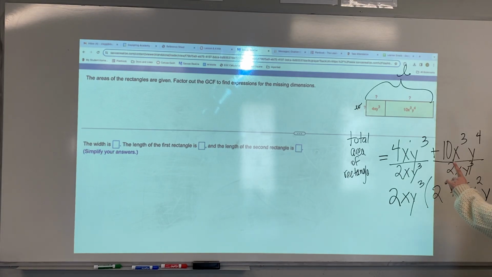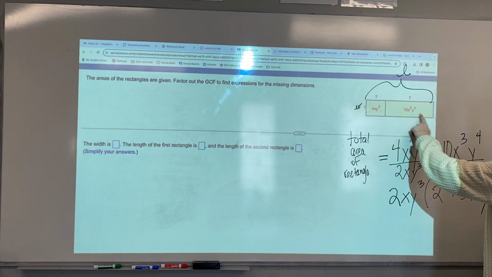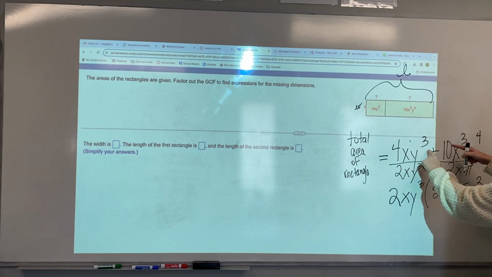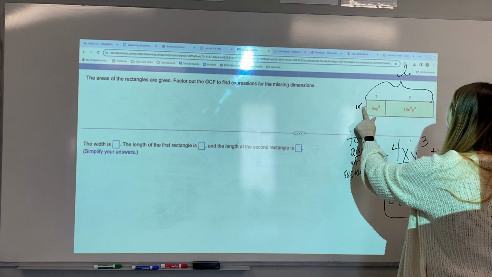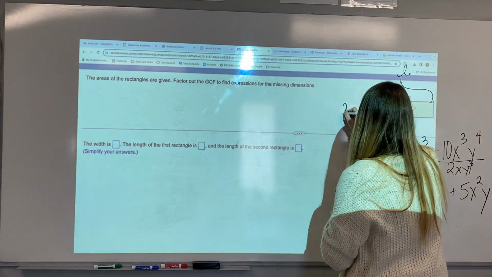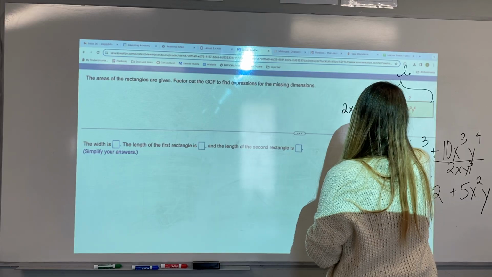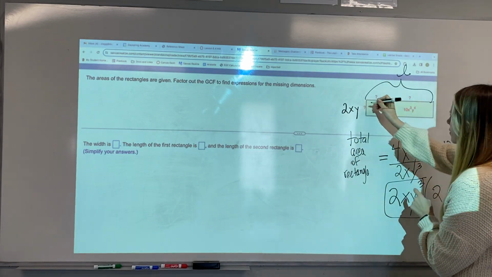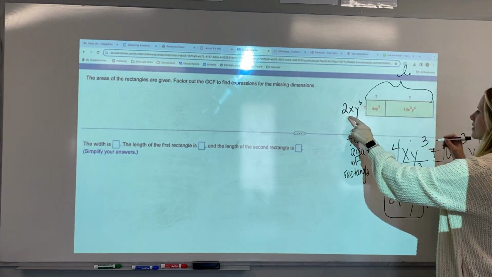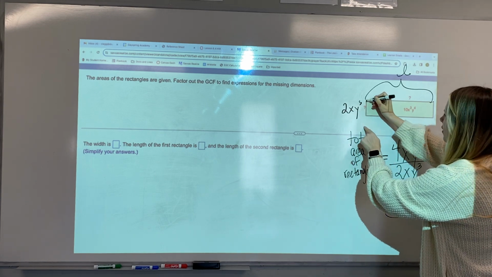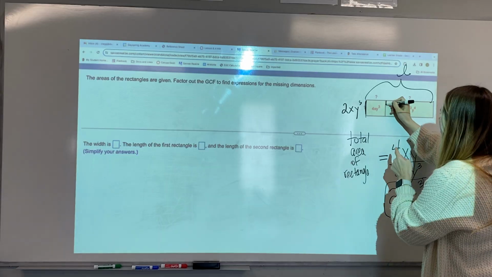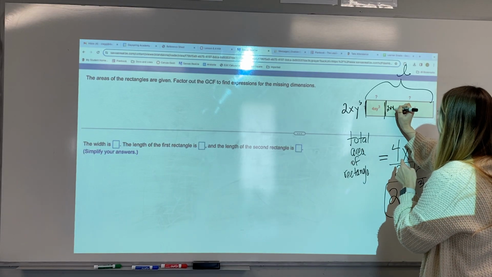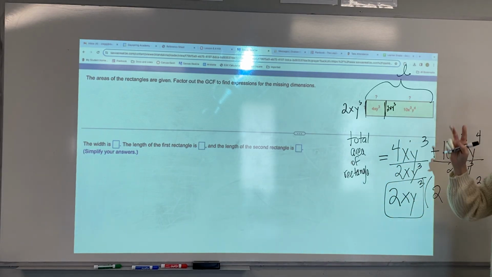But what we just said is, the total area of the rectangle, we broke up this polynomial into 2 factors, the GCF and the rest. How do we know that this belongs here? Because this, 2xy cubed, is the width for this rectangle, and it's the width for this rectangle. So that's what they have in common.